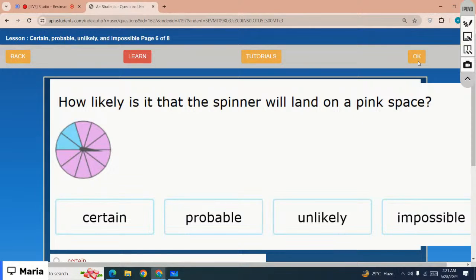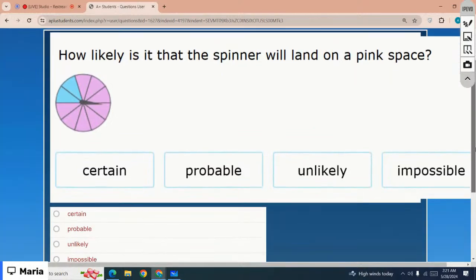How likely is it that the spinner will land on a pink space? So which is the correct option? Eight of the portions are pink. Only two of them are blue. So which is the correct option?